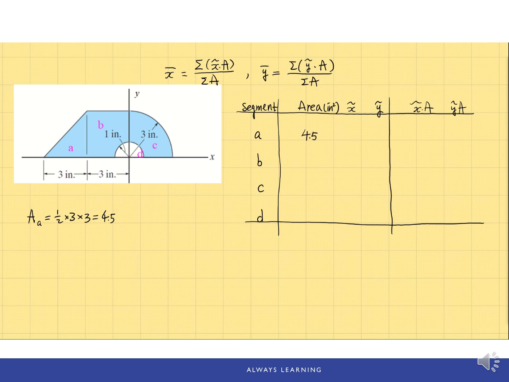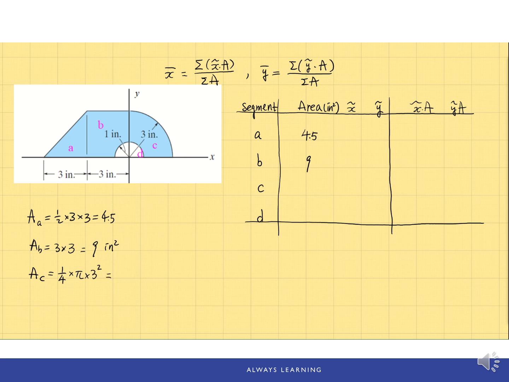And B, area of B equals 3 times 1, it's not 1, sorry, it's 3 times 3, is 9 square inch. And area of C will be a quarter circle, so a quarter of pi r squared.